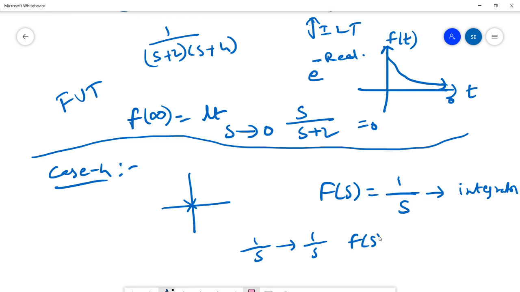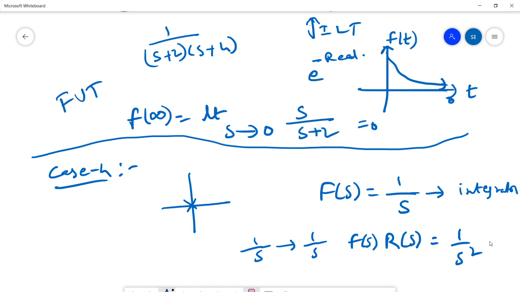Output c of s is equal to f of s into u of s or r of s. To avoid the ambiguity we will write r of s. G of s into r of s is equal to 1 by s square.